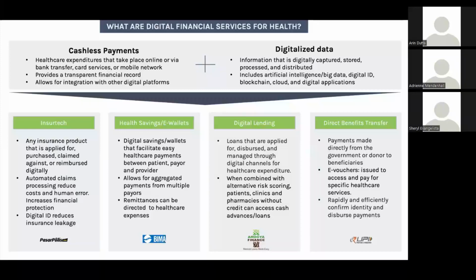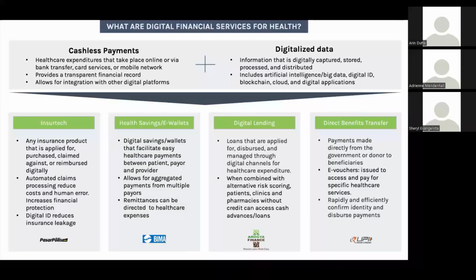And then direct benefits transfers are often payments that are made directly from a government or a donor to beneficiaries. So we've seen this during COVID-19, where governments had to quickly figure out within a few weeks in 2020 how they were going to get money directly into the bank accounts of citizens and also for businesses as well.